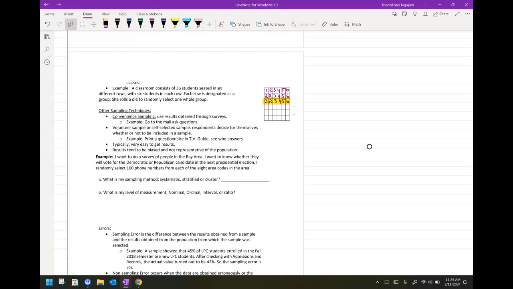So let's take a look at another example. I want to do a survey of people in the Bay Area. I want to know whether they will vote for a Democratic or Republican candidate in the next presidential election. I randomly select 100 numbers from each of the 8 area codes in the area.